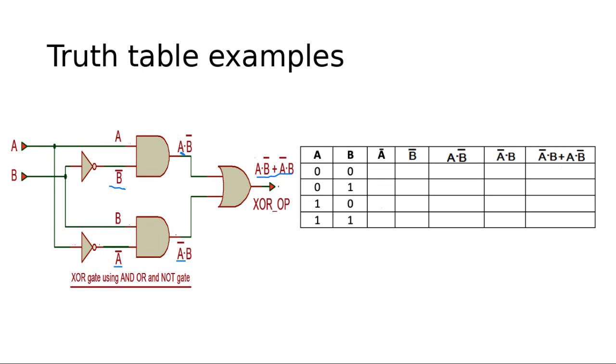There are 2 NOT gates. It's the simplest one. You have to write not A, not B. Just flip the variable and use these variables as input of the AND gates and find the results of the AND gates.